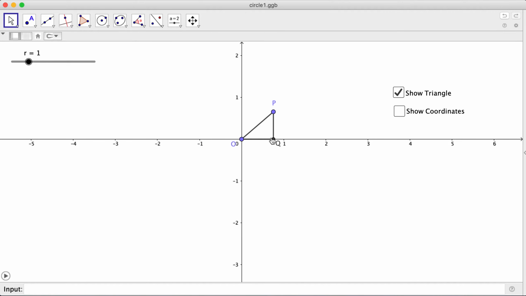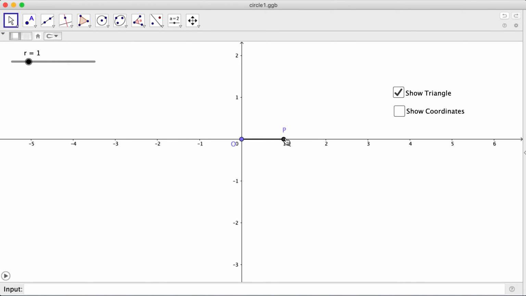It's a right triangle because PQ and the x-axis are perpendicular, so this is a right angle. So wherever P goes on the circle, we have a right triangle, except on the axes, because we can't form a triangle there.